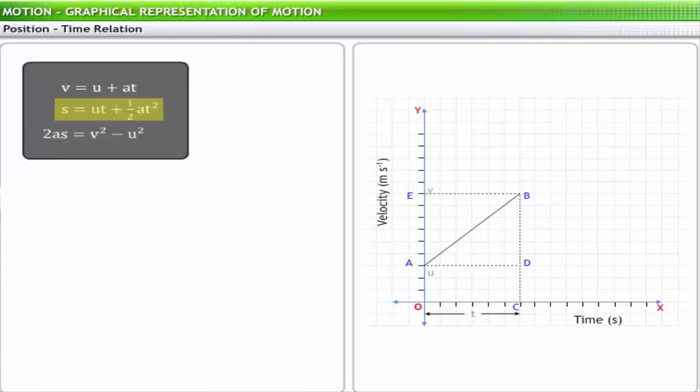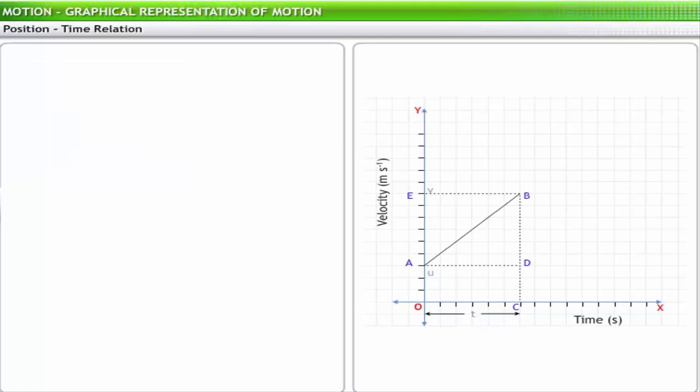Let's now derive the second equation of motion, that is position-time relation. In the same velocity-time graph, we can analyze the position-time relation. Let S be the displacement of the object in time t. You can determine the displacement of the object as the area of the trapezium OABC under the curve.